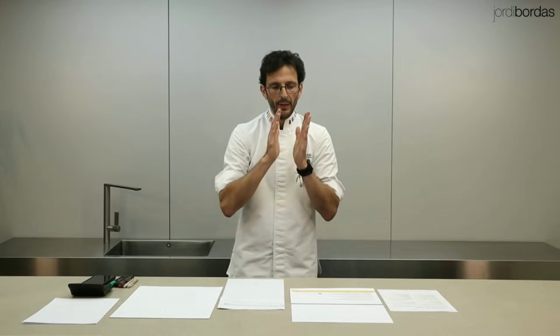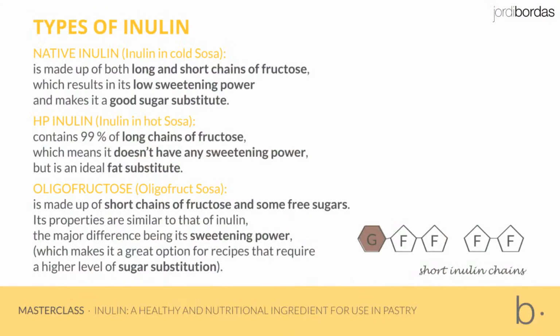Okay, that means that with inulin HP we have the opportunity to reduce fat, one option, or just remove the fat from the recipe and work with that fiber in order to replace the fatty sensation. I repeat, it will not be the same, but it's something similar, the sensation of the fat and the long chain inulin, in that case HP inulin, okay?